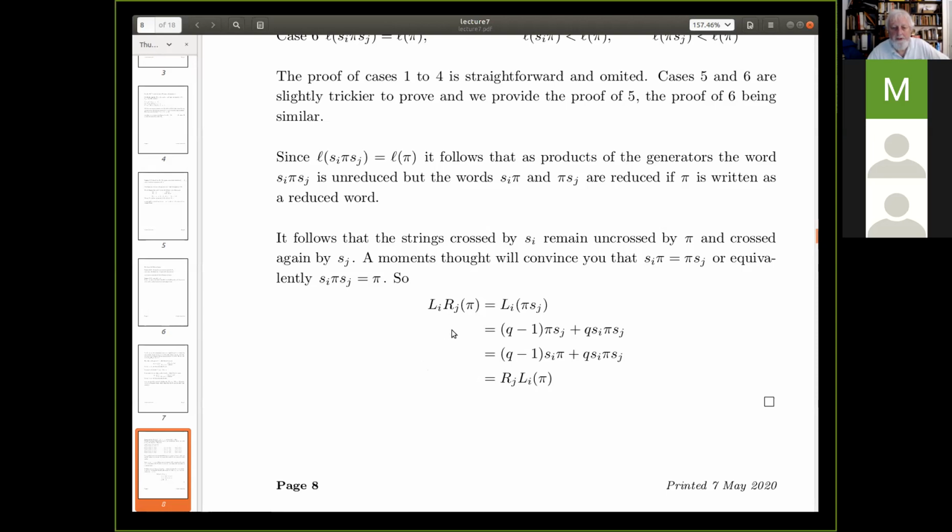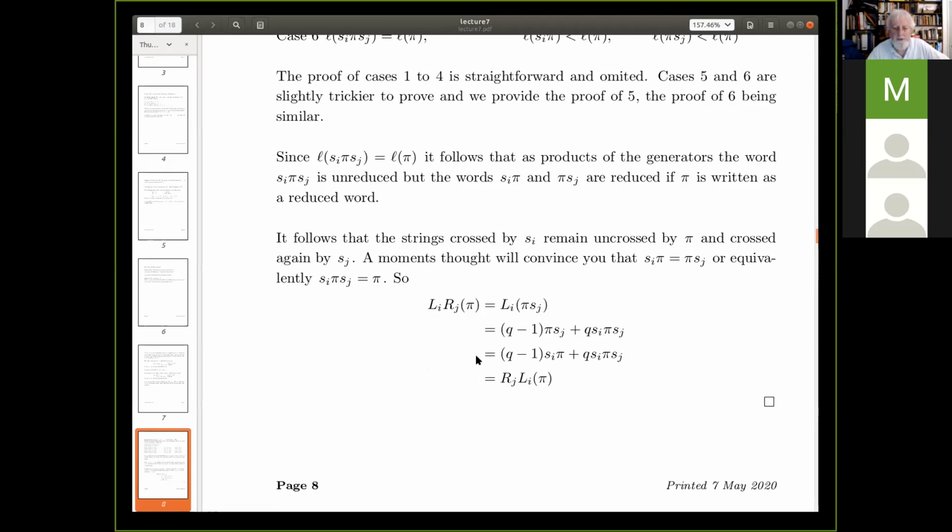So we've got this Li Rj pi is Li pi Sj, which is this, because it reduces.